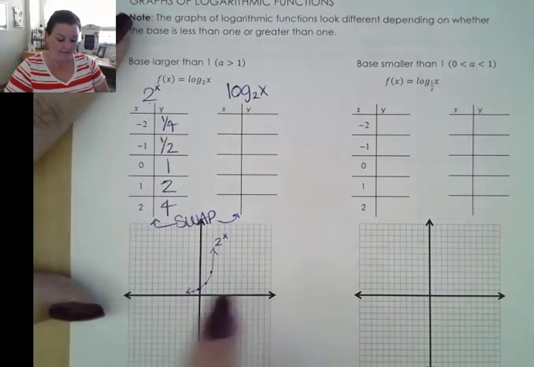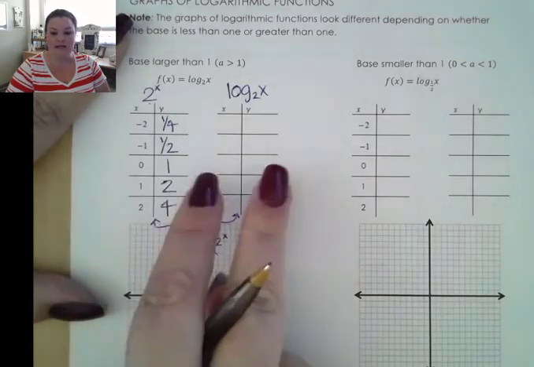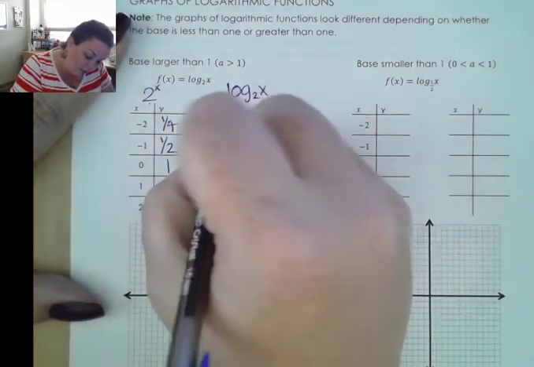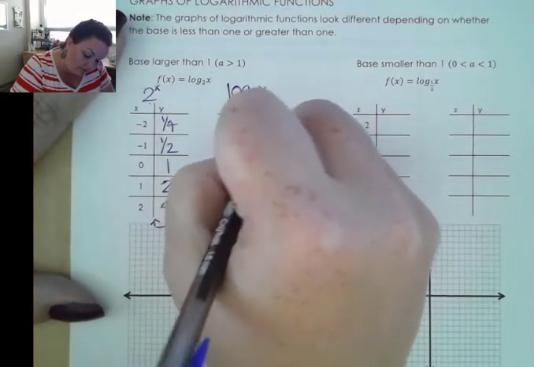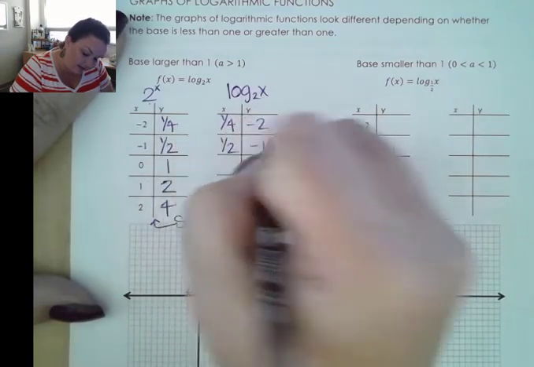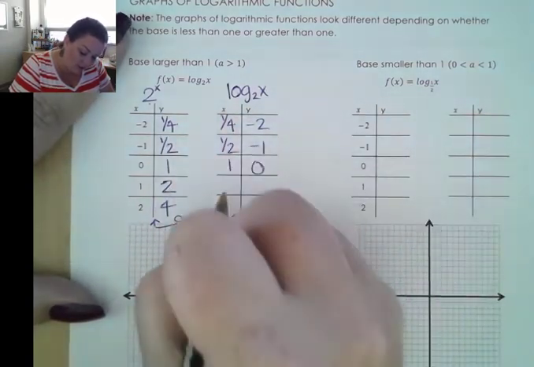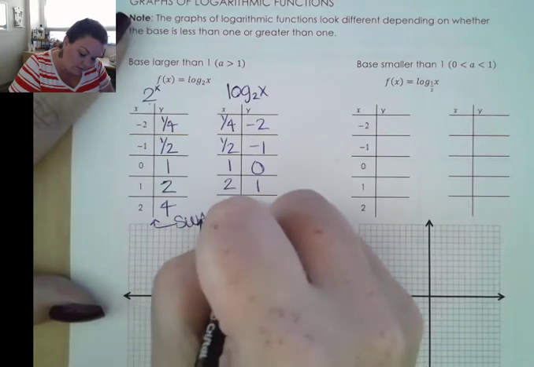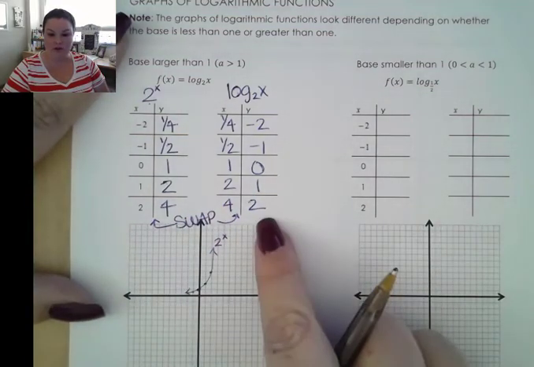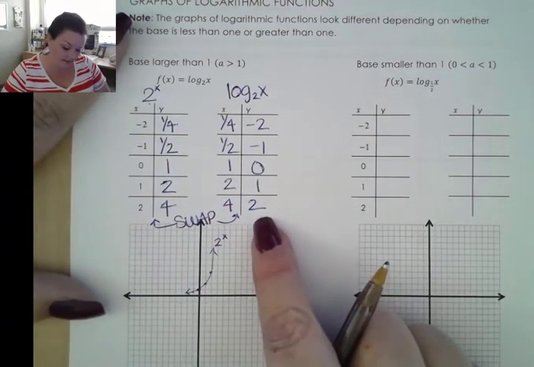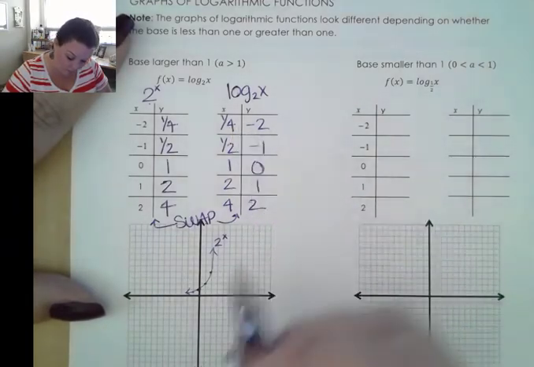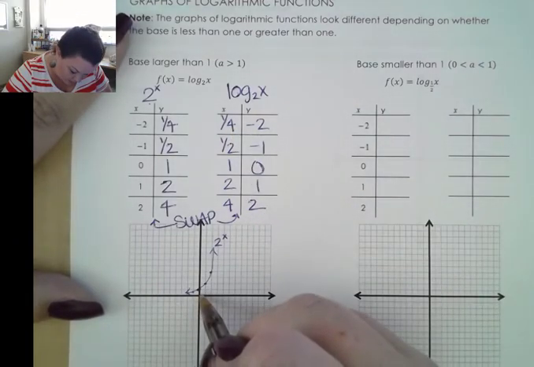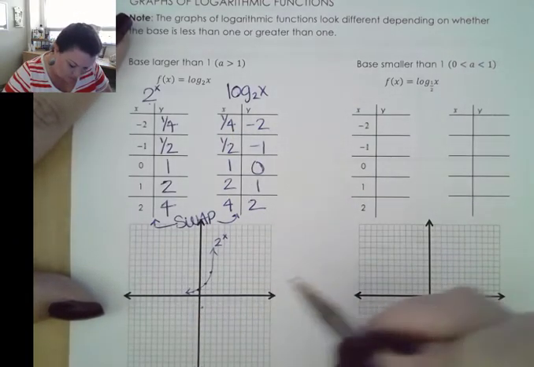So let's look at what happens when we take all of our x's and y's and swap them. So now we have the points (1/4, negative 2), (1/2, negative 1), (1, 0), (2, 1), (4, 2). So now let's graph these and see what has happened. When x is 1/4, which is just barely past 0, we're down at negative 2.